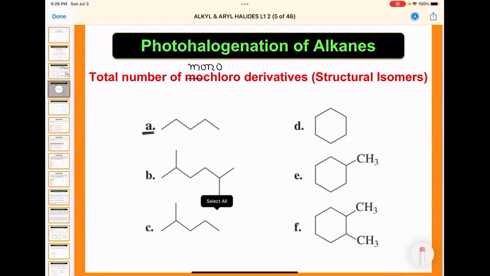So this will be 1-chloropentane, this will be 2-chloropentane. This will also be 2-chloropentane. This will be 1-chloropentane. But this one is different. This is 3-chloropentane. So in total, how many monochloro derivatives will you get? Structural isomers, I'm not talking about stereoisomers. You will get 3 monochloro derivatives. Clear? Yes, sir. 3 monochloro derivatives.